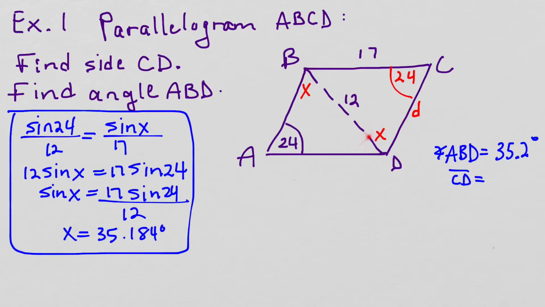So if I know angle X is 35.184 and 24 is angle C, let's call it, then I can say 180 minus 24 minus 35.184 is equal to 120.816.